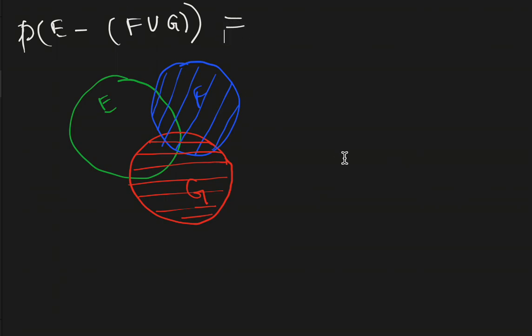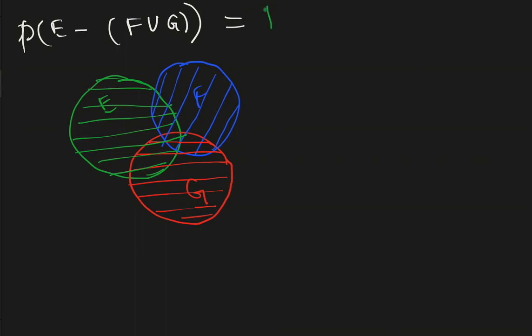So from PE we know that all these green regions are PE.